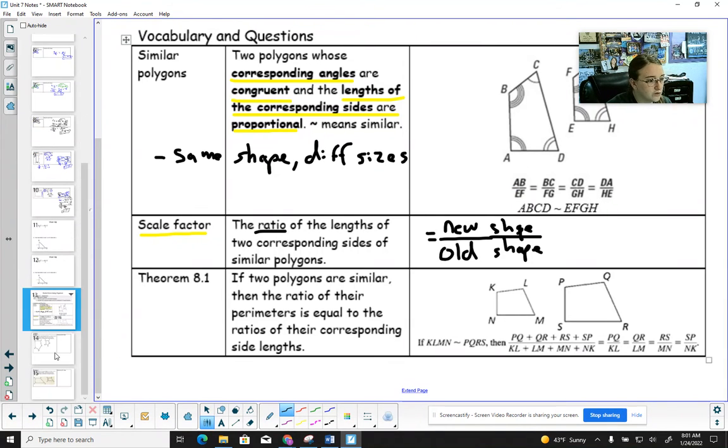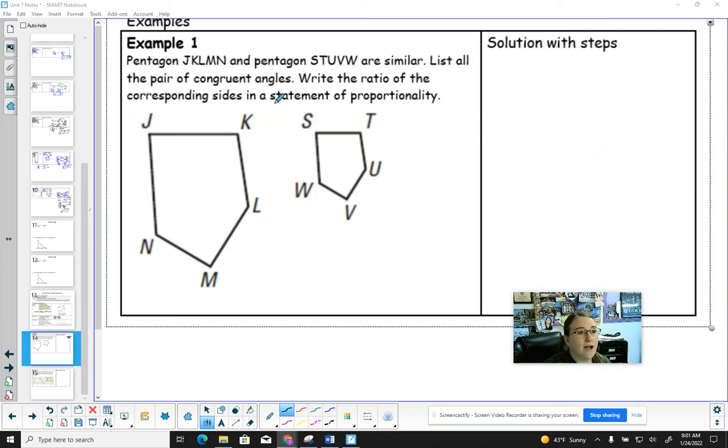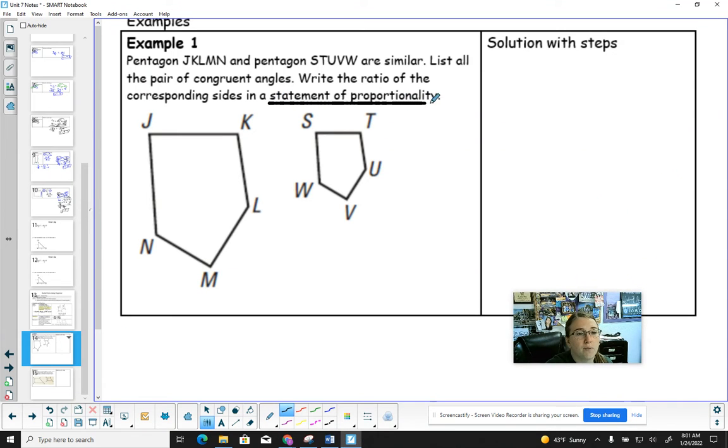So let's go ahead. We're only going to do the first two problems here, talking about a statement of proportionality. So again, if two shapes are proportional, that means how their sides compare to each other is consistent for all pairings. So they tell us that these two shapes are similar.